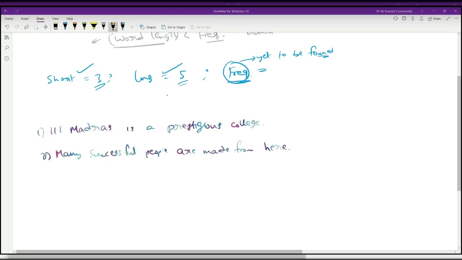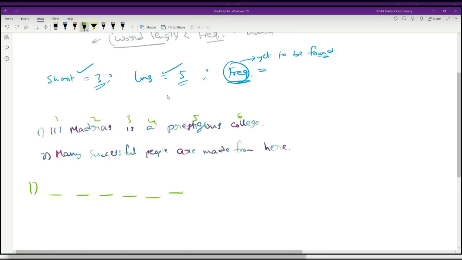Now let us take the first sentence into consideration. How many words are there in the first sentence? 1, 2, 3, 4, 5, 6, right? We are considering the sentences individually, not to find the longest sentence in the given data.